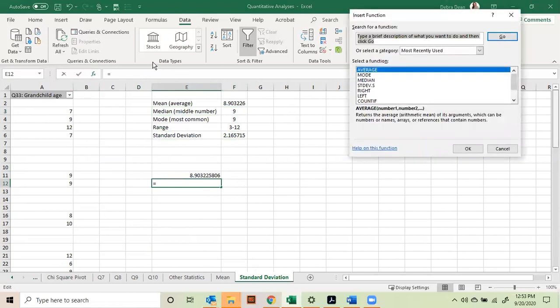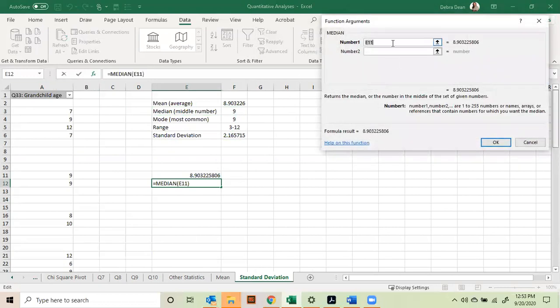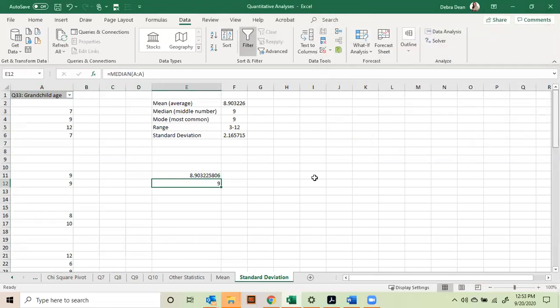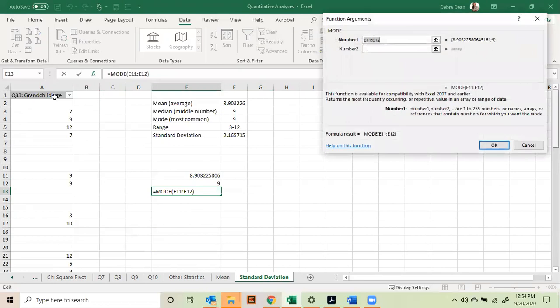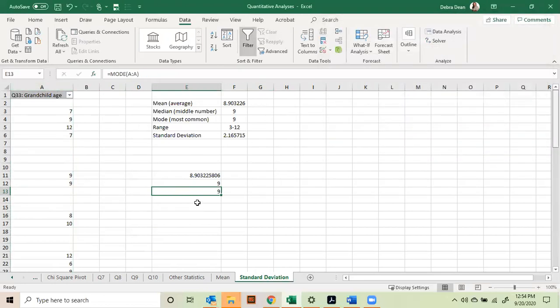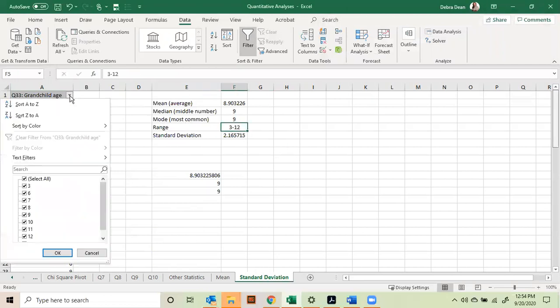You click your formula button and click median, and then it wants to know, what am I looking at for the median? It's that same column. So there you go. And then we want to look at mode. And it's the same column.